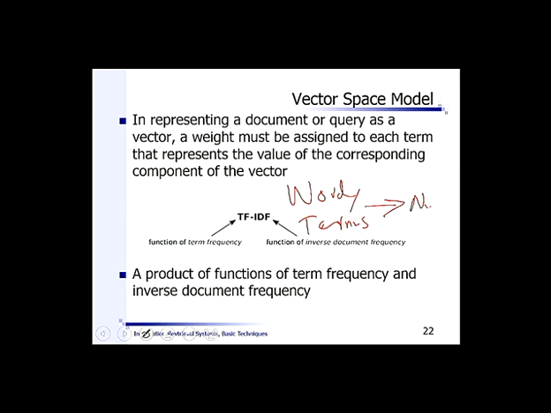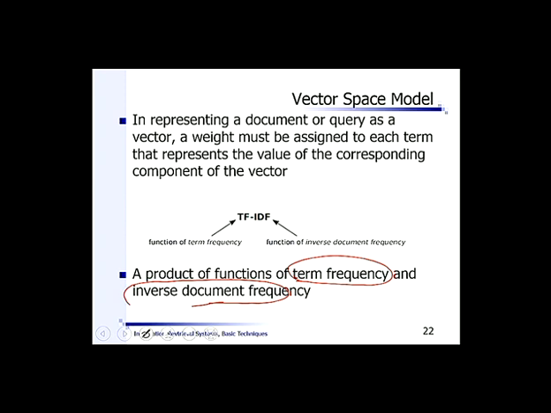How to convert them into numbers? Let's see. We have a very simple model for that. It is called TF-IDF, term frequency inverse document frequency. Now, a product of term frequency and inverse document frequency forms the component of every vector.